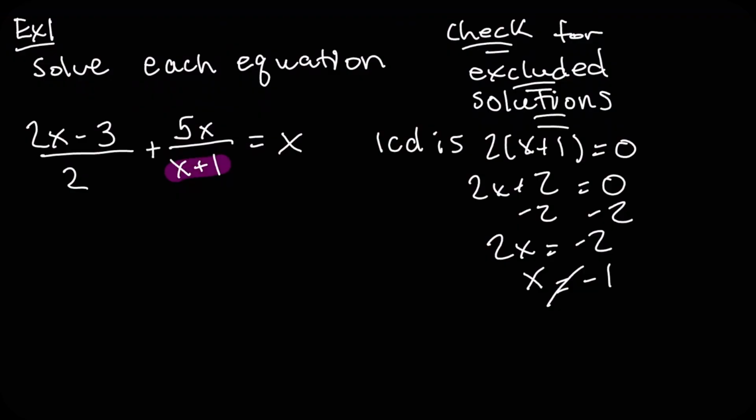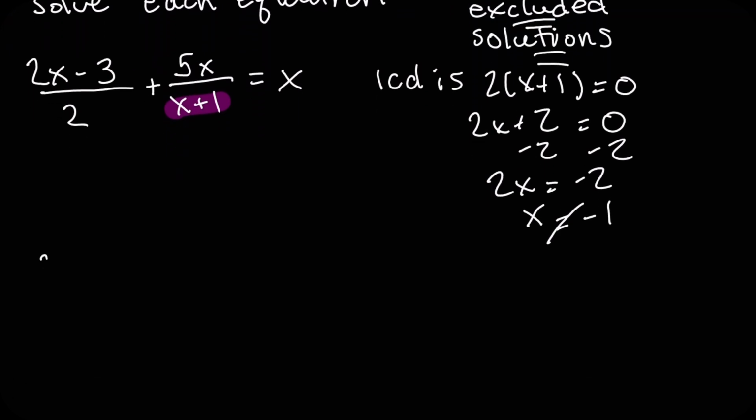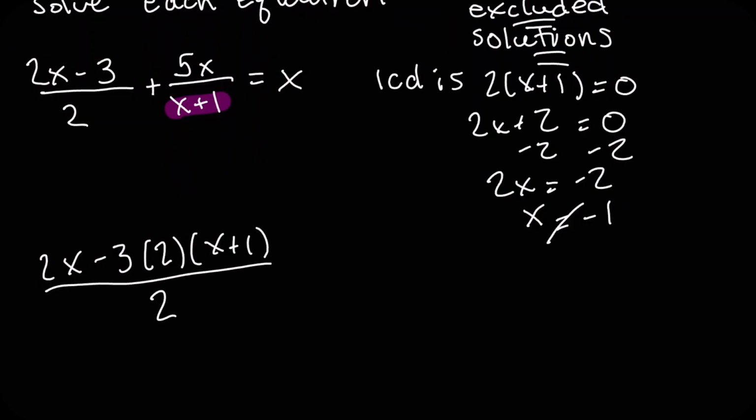So now that we have our least common denominator and we know what the excluded solution is, we can go ahead and multiply the tops by the least common denominator and see if anything will cancel out. So we'll have (2x - 3) multiplied by 2(x + 1) divided by 2, and then we'll add 2(x + 1) multiplied by 5x, divided by (x + 1).